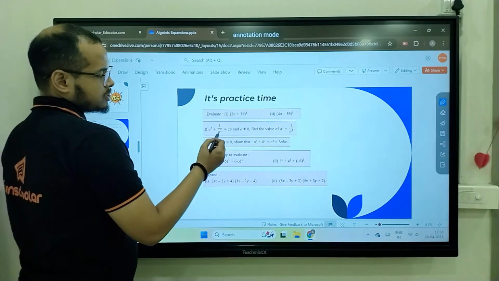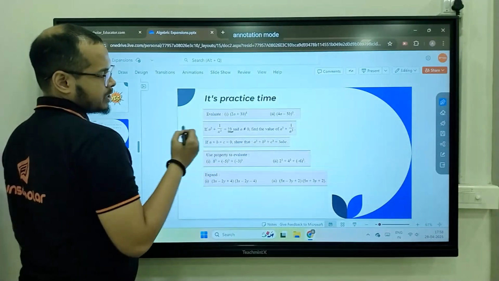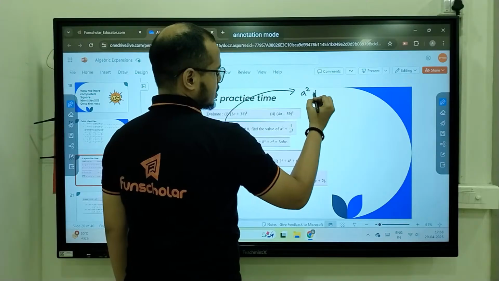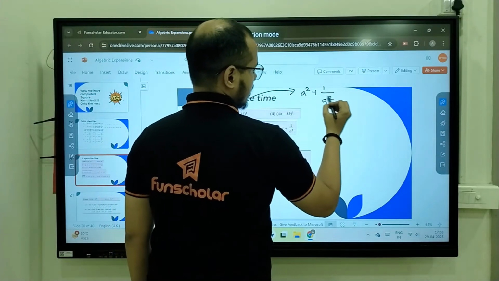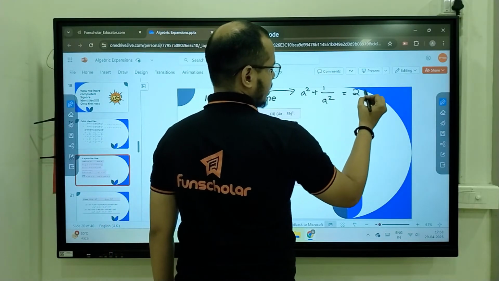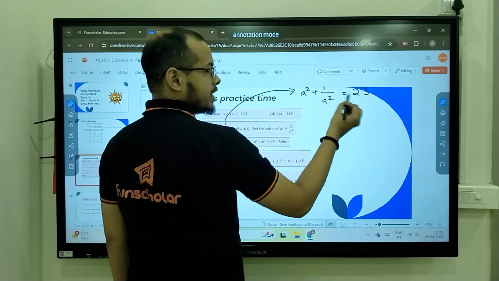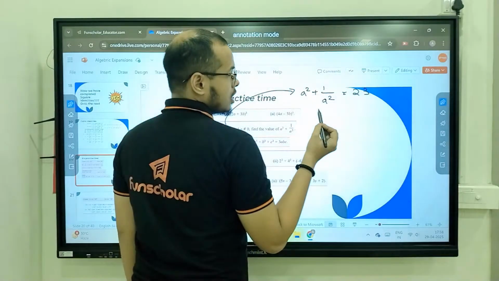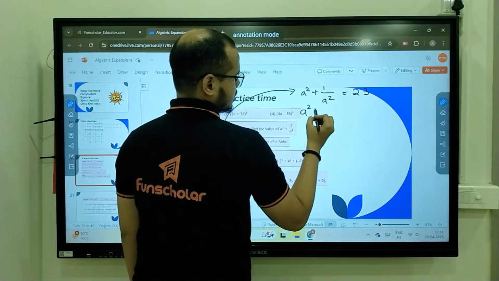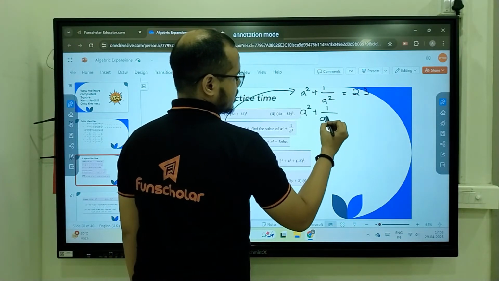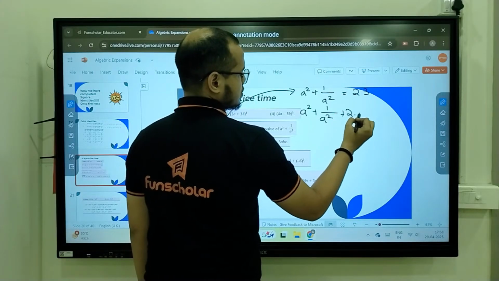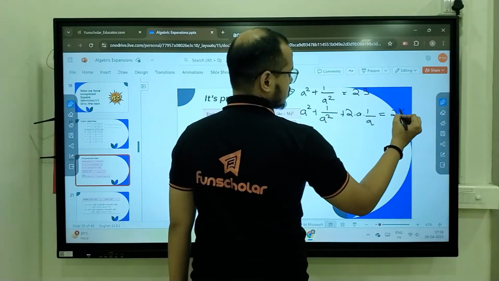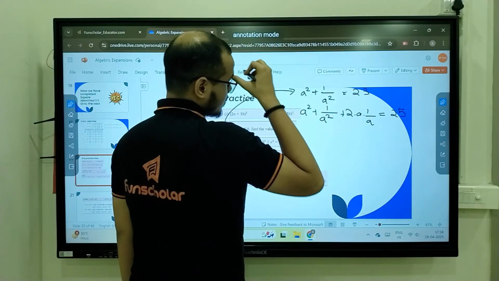a square plus 1 by a square is given as 23. I'm adding 2 on both sides in order to make it 25 so that it's a perfect square. So a square plus 1 by a square plus 2 into a into 1 by a is equal to 25.